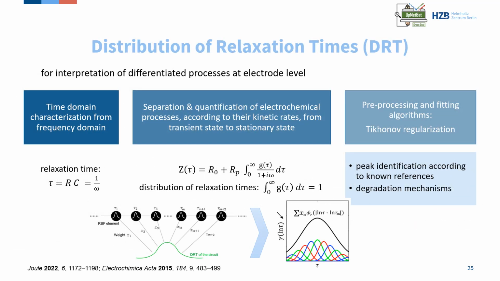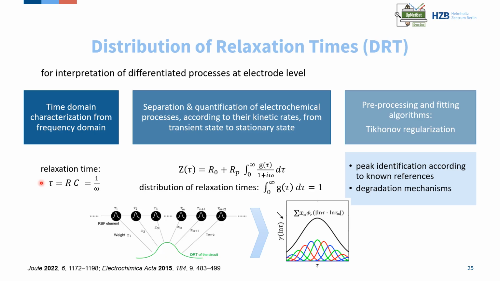Therefore, another way of interpreting electrochemical impedance spectroscopy is with the identification and quantification of processes according to their relaxation times. This is also known as the distribution of relaxation times and can distinguish different processes at the electrode level.